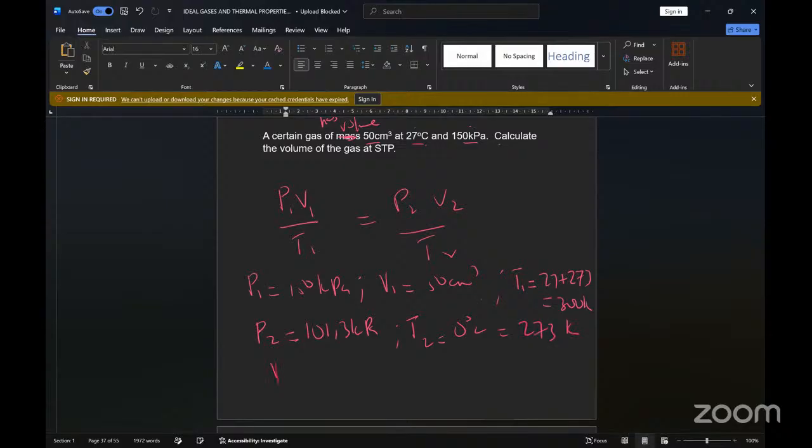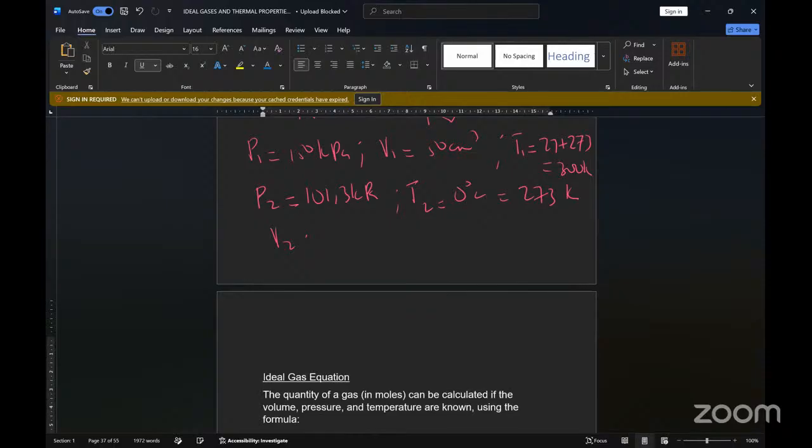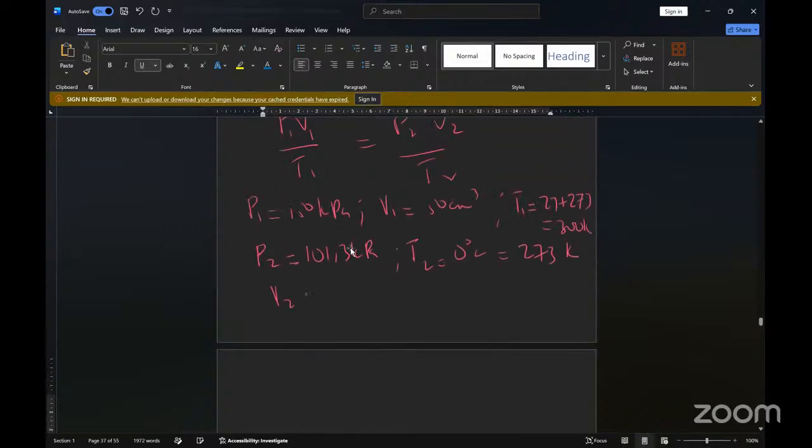So we're supposed to find V2. But I'm not going to waste my time to calculate, because time is going. We still have a lot to do. We are finishing this today. So I'll just write it down, and then you'll be able to calculate it yourself.